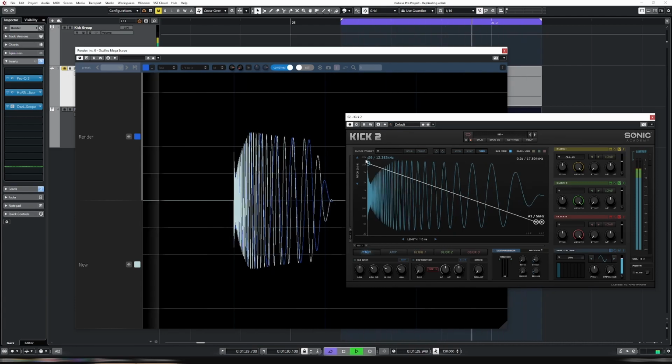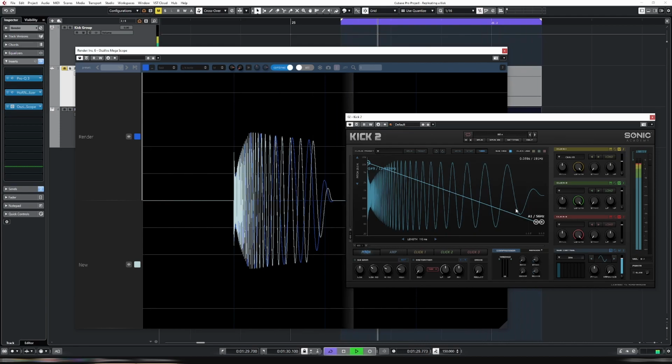As you can see from the representation here, our version is quite a lot more densely packed than the one we're trying to replicate. So what this means is we have too many high frequencies at the start. We need to push them back a bit. So grab another node. And by doing that, by lowering the pitch, we're pushing these ones out to the right, because the waveforms get longer, remember.